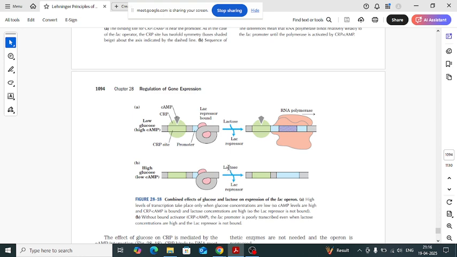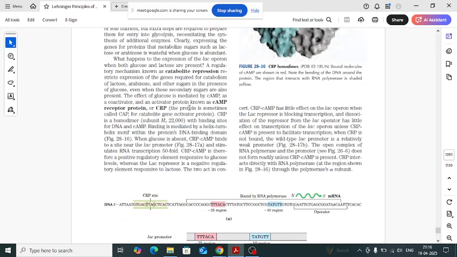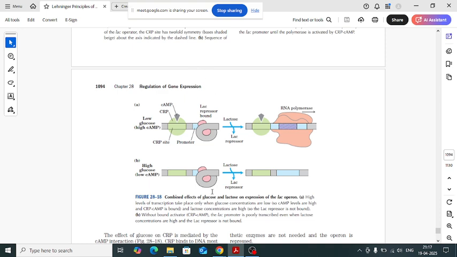So even if you give lactose, of course lactose will come and bind to this repressor and dissociate the lac repressor from the promoter region, right? But still there will be no expression, because in the activator site, CRP is the activator for this lac operon.